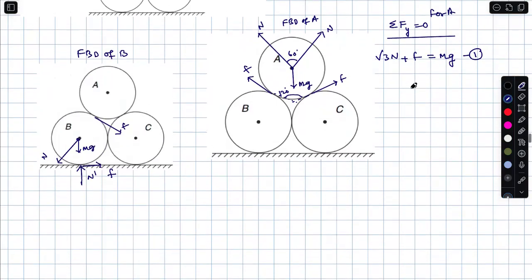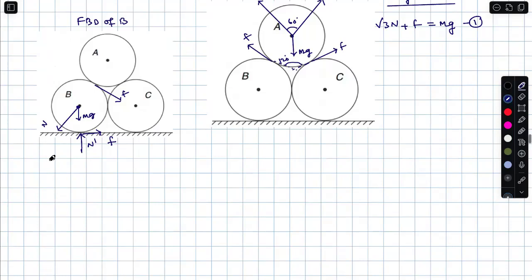For B, we will take horizontal equilibrium.